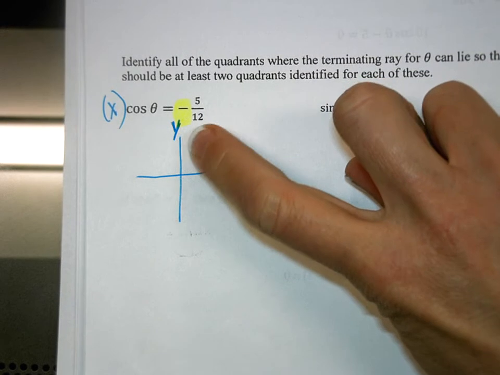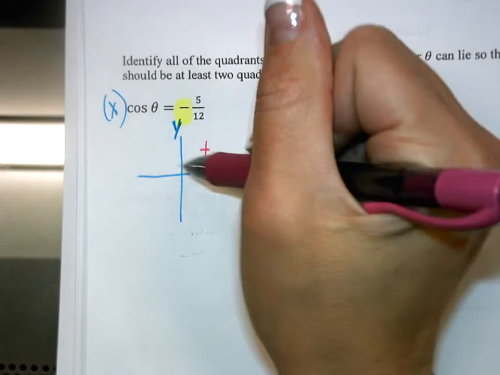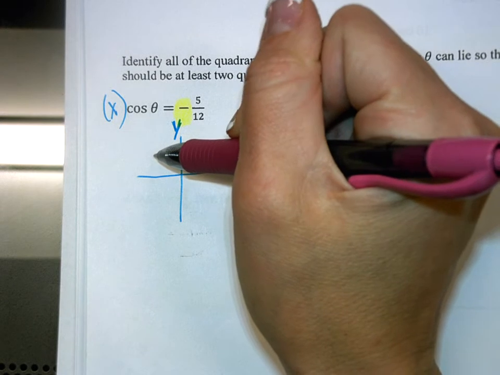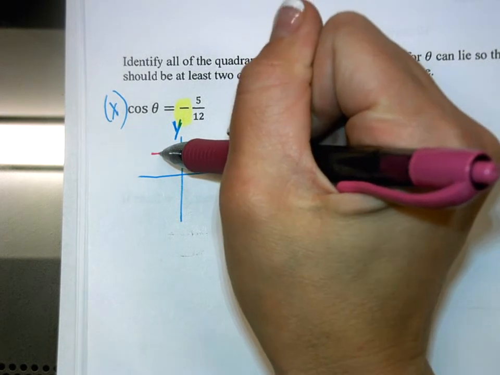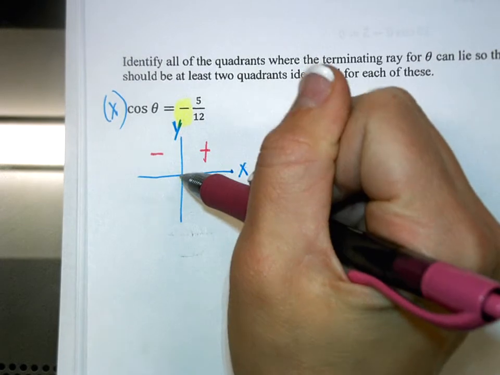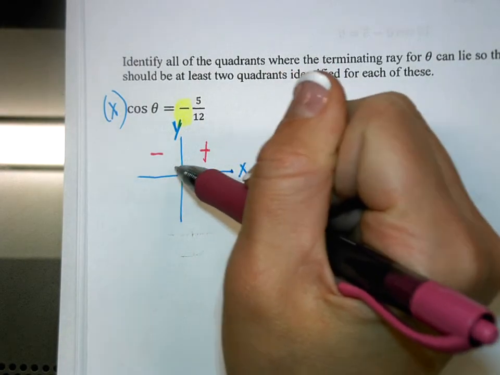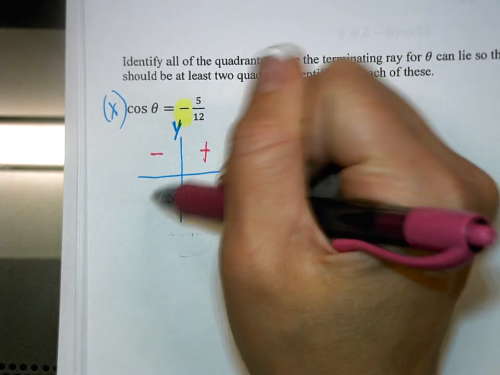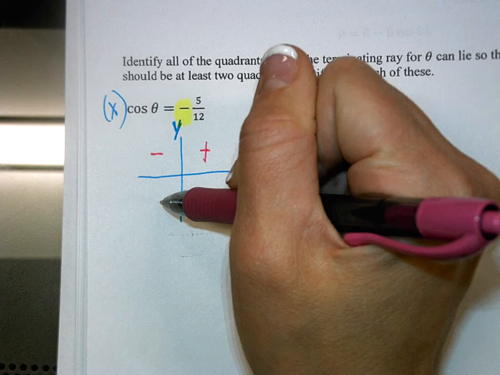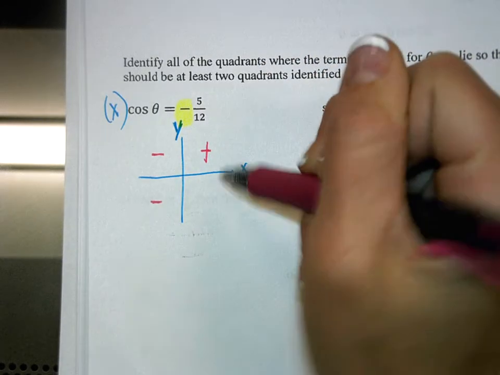Positive or negative? Positive, okay? In quadrant 2, the x values are positive or negative? Negative. Because in order to get into this quadrant, you would go negative on the x-axis. Your x values would be negative here. Okay? In quadrant 3, the x values are what? Negative. And then in quadrant 4, the x values are positive.